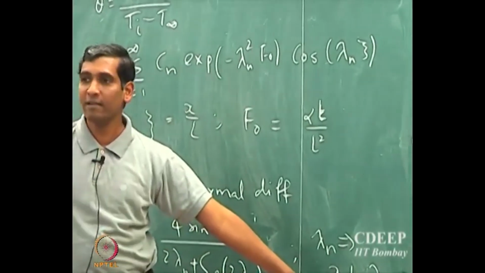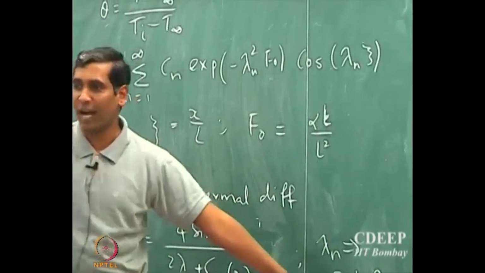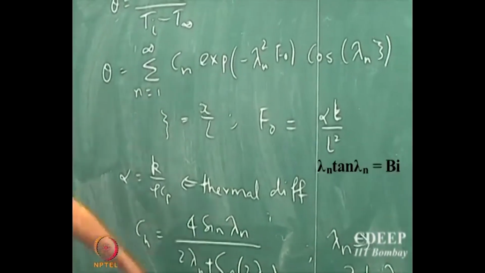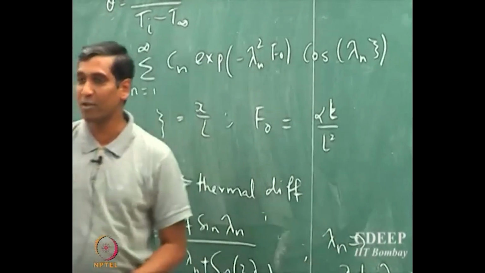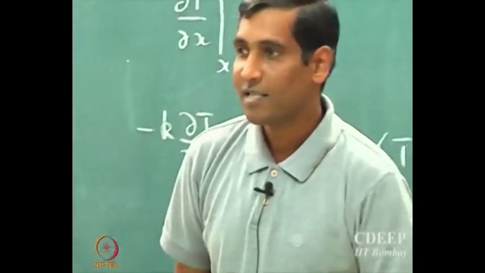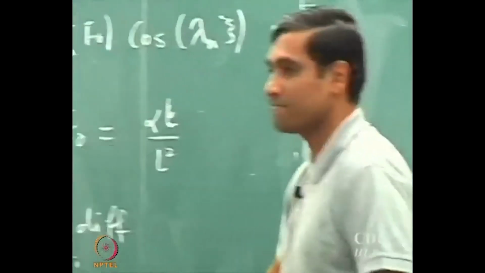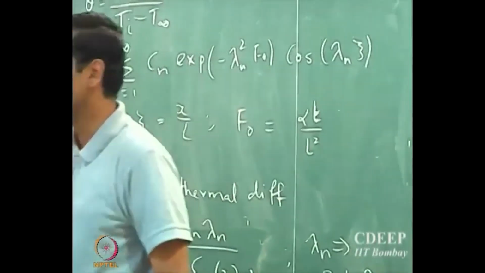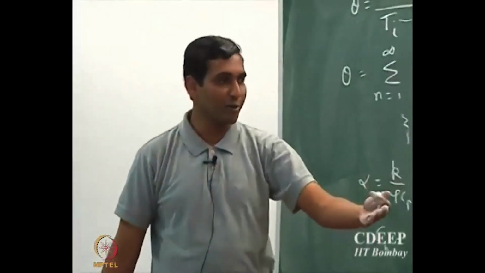How many solutions are there for a given value of Bi for lambda n tan lambda n equal to Bi? What is the nature of tan? A lot of them. How many? It's infinite solutions.